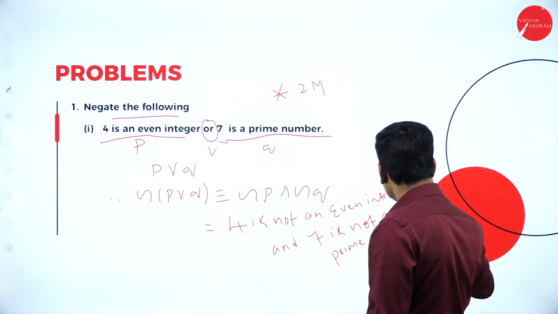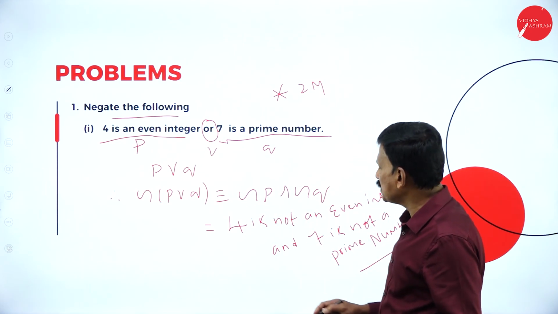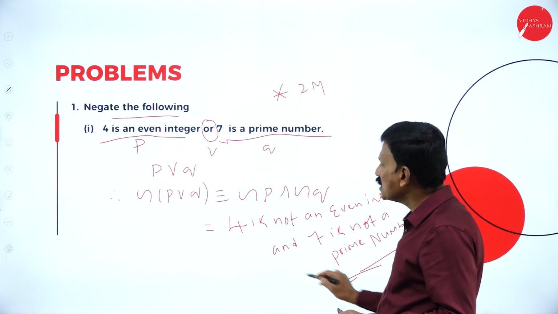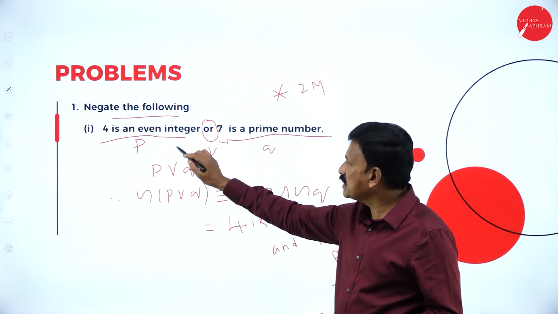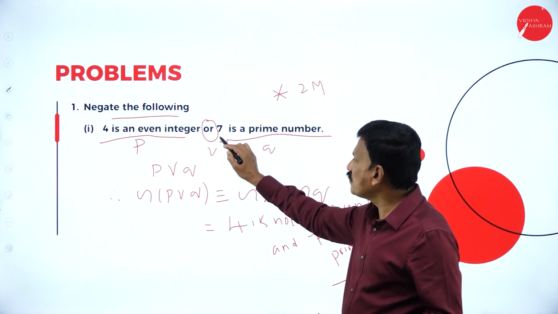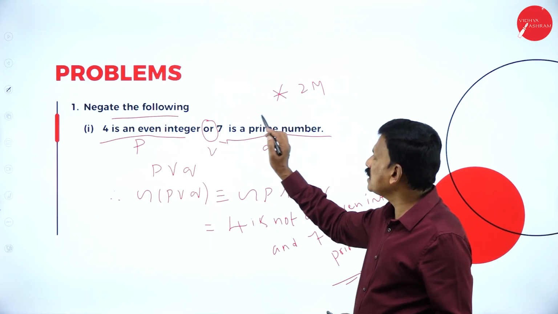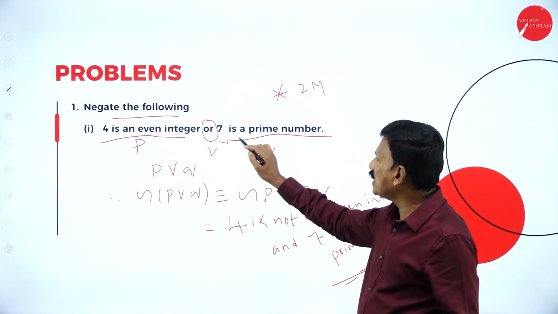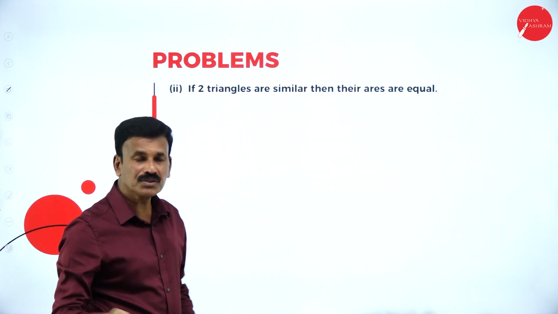That's it. So this is the negation. So what is the negation? 4 is not an even integer and 7 is not a prime number. That is negation of P conjunction negation of Q. Negation of P and negation of Q, that is 4 is not an even integer and 7 is not a prime number. That's it. Very simple. Okay. Now move on to the next problem.